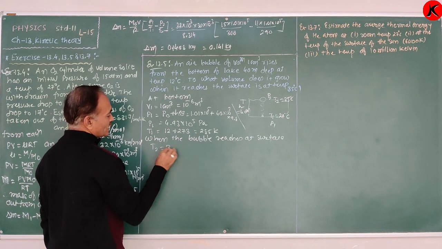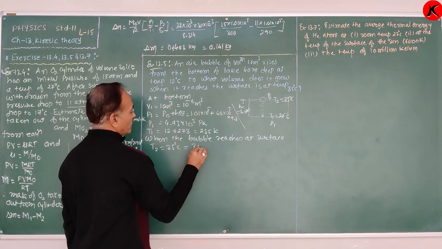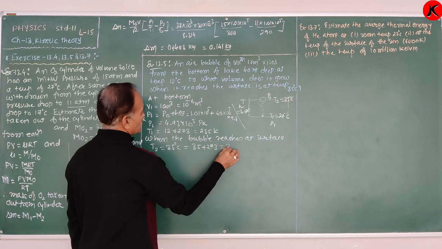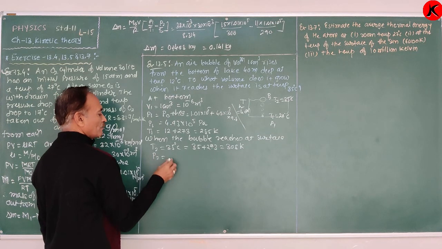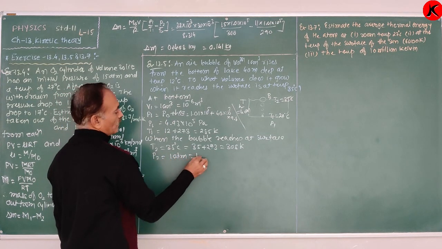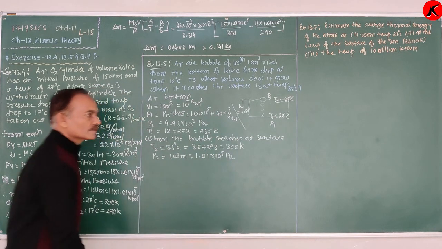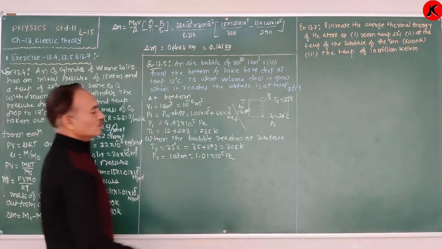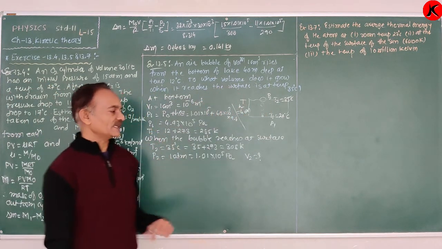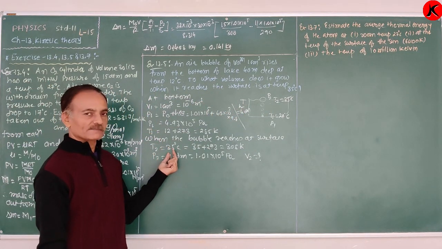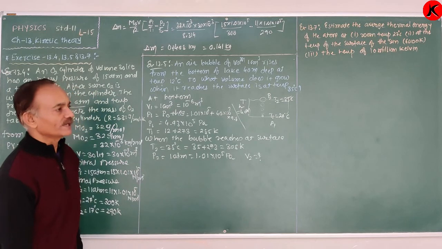T2 is 35 degrees centigrade, so it is equal to 35 plus 273, which is 308 Kelvin. Pressure P2 is equal to atmospheric pressure, 1 atm, which is 1.01 into 10 to the 5 Pascal. What is the volume V2? We have to find it out. When the bubble reaches the surface, its temperature T2 is 35 degrees centigrade, the pressure is 1 atmospheric pressure, and we have to find the volume.